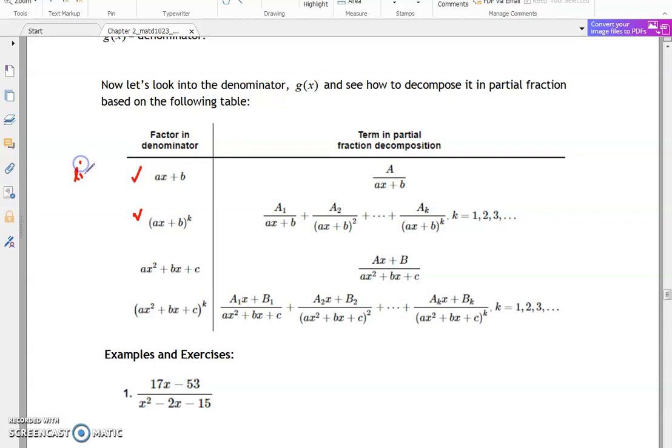This is a linear factor without repetition. And here we are going to have a linear factor with repetition, because you have the power of k there.